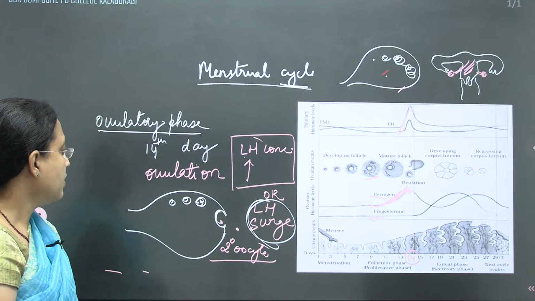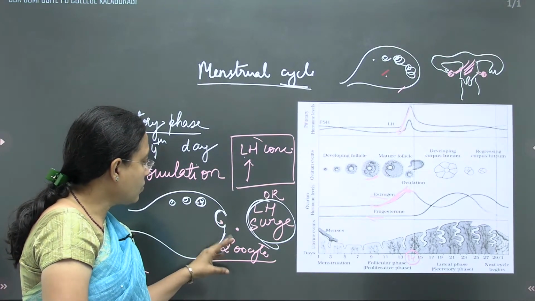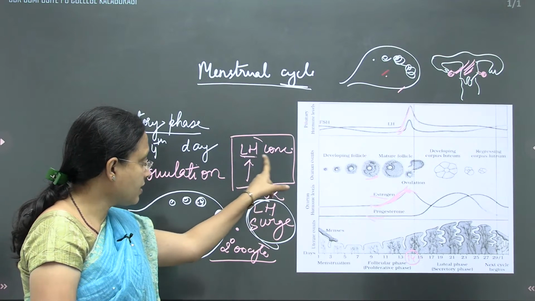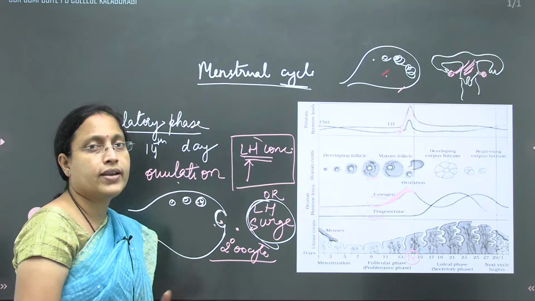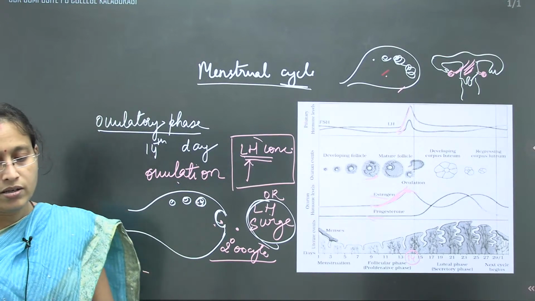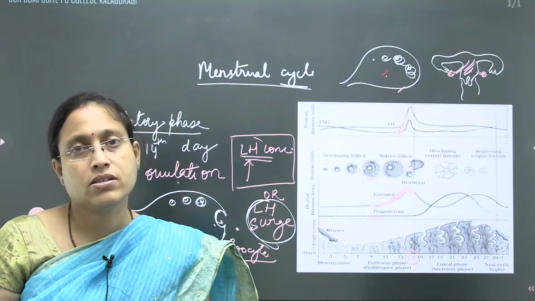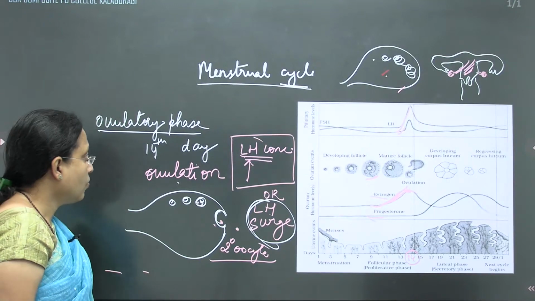Understand? This phenomenon of release of the secondary oocyte from a mature Graafian follicle under the influence of luteinizing hormone will be called ovulation. So you should know about these terms like LH surge and all. So this was the ovulatory phase.